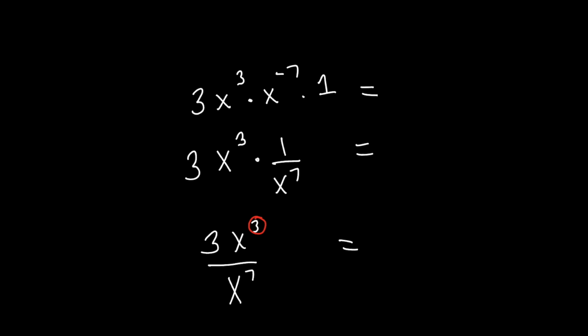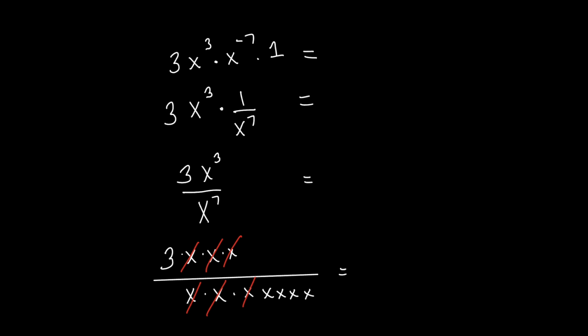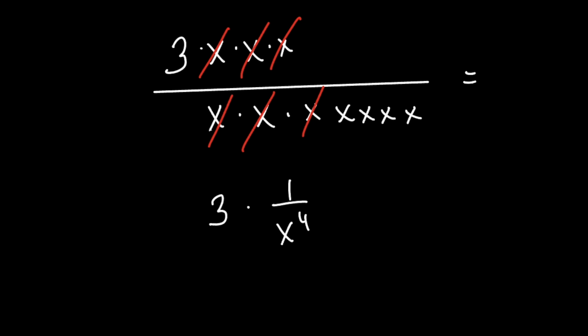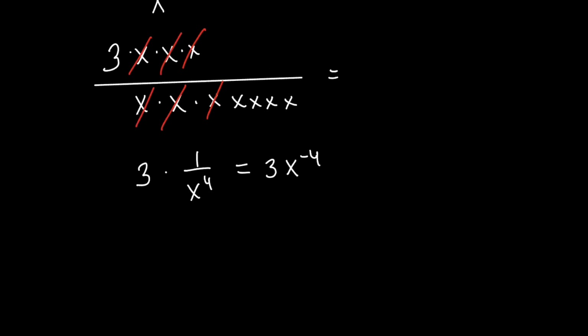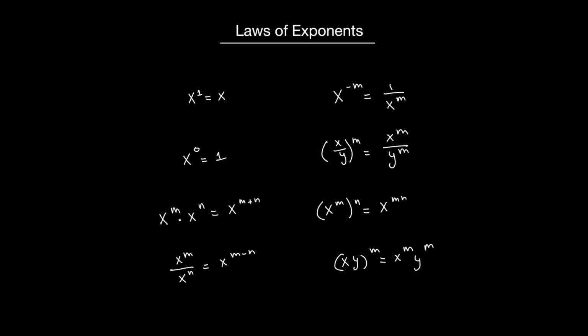At this point, we will cancel x's. What you do to the numerator, you will need to do for the denominator, and vice versa. So if I cancel out 3 x's in the numerator, then I will need to cancel 3 x's in the denominator. Once we simplify this, we will have 3 times 1 over x to the power of 4, which we can rewrite as 3 times x to the power of negative 4 because of this exponent law here.